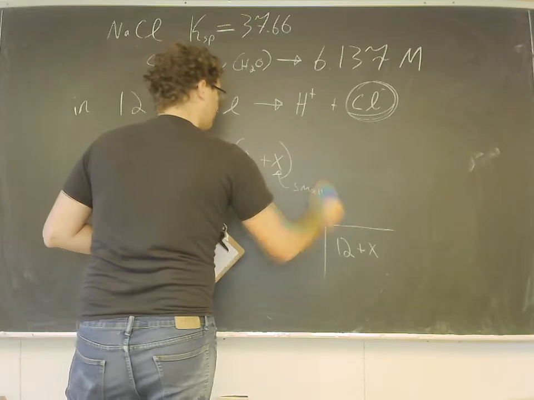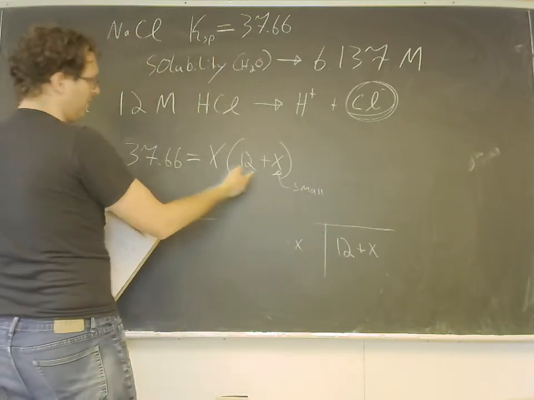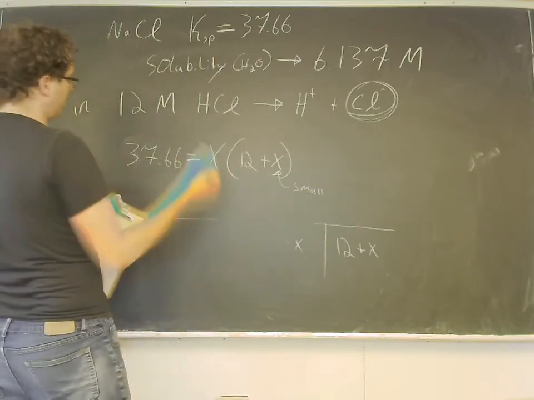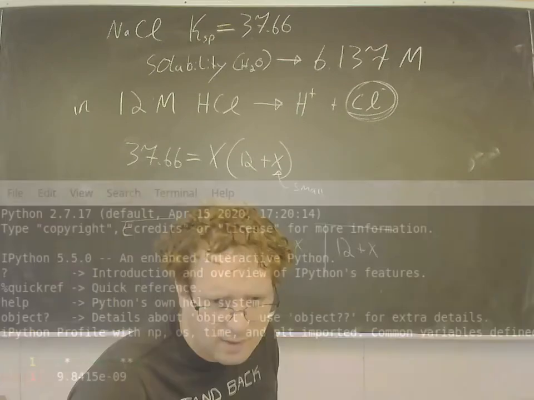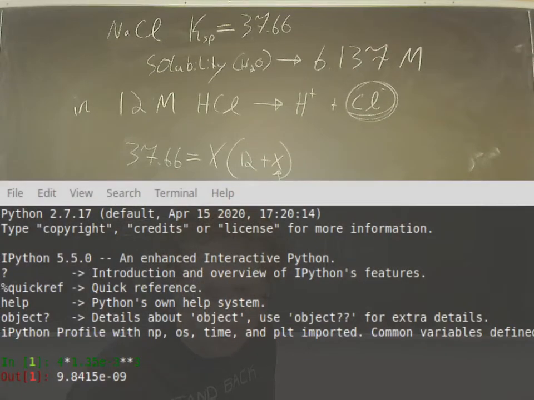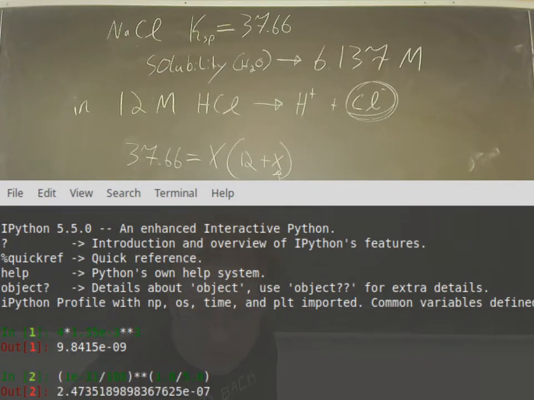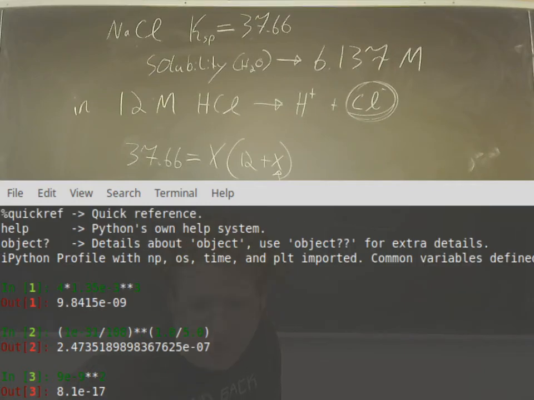Is this x small? Then we could just take 37.66 and divide by 12. 37.66 divided by 12, and that's going to be 3.138. And unfortunately, 3.138 divided by 12 times 100 means that x is over 1/4 the value of 12.